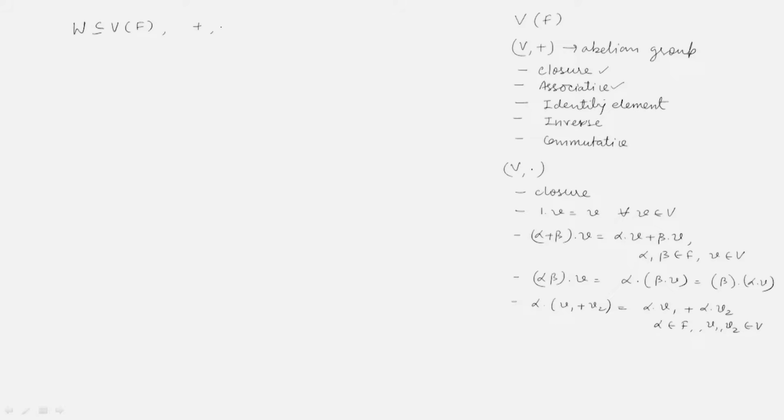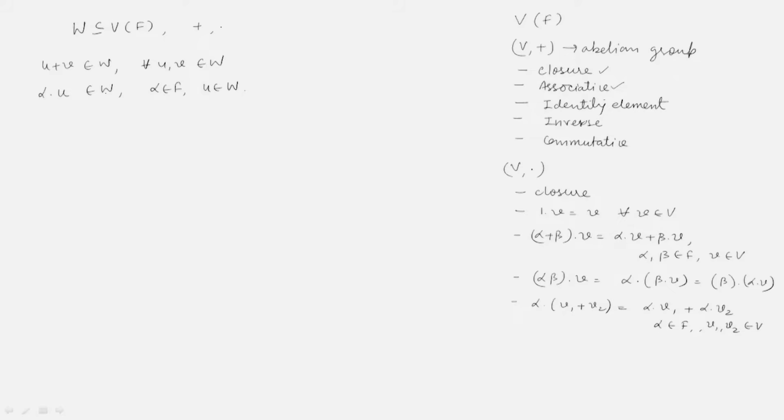Now, we know that u plus v belongs to W for all u, v belonging to W, and alpha dot u belongs to W for all alpha in the field and u in W. Now, if you take alpha equal to 0, say for example, because it holds for every alpha, it will hold for alpha equal to 0 also, and 0 dot u is nothing but the identity with respect to addition.